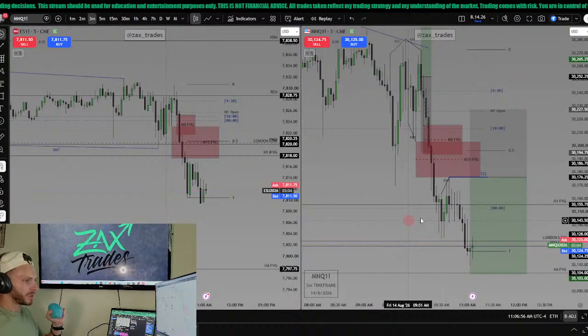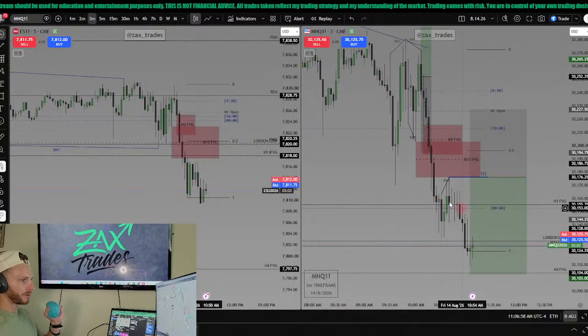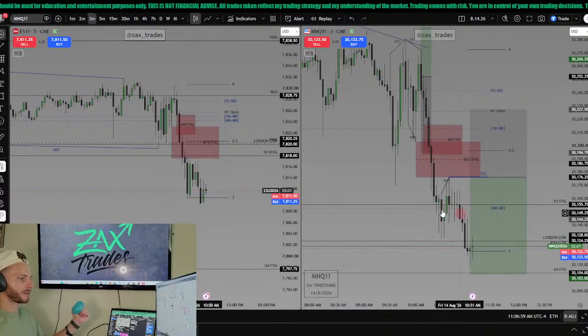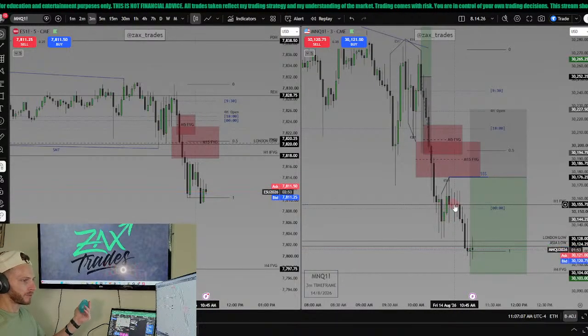And I was hoping this, and here, all of these back and forth wicky candles, that's what that looked like to me. So that to me was just saying, hey, just be a little patient, Zax.